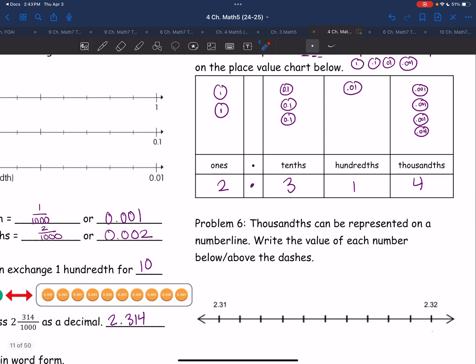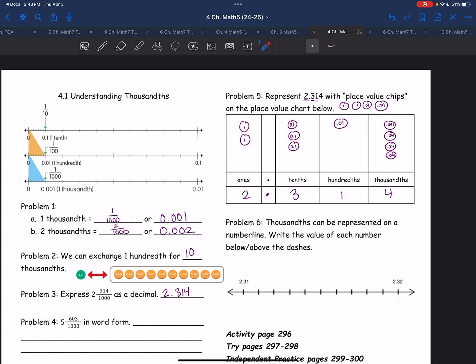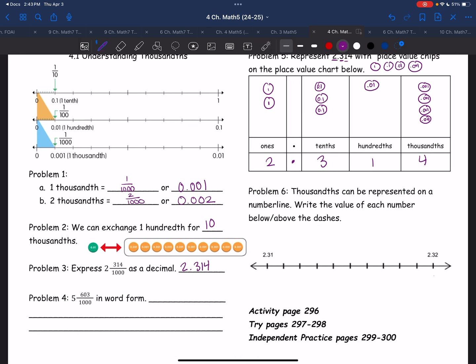All right, the last problem. Actually, let's go back to this problem right here, problem 4. And what we're going to do is we're going to cross that out, and we are going to just do the same number we've been working with. All right, so how would we say this in word form? So when the denominator is a power of 10, like 10, 100, or 1,000, it's really easy to go from a mixed number to a decimal.